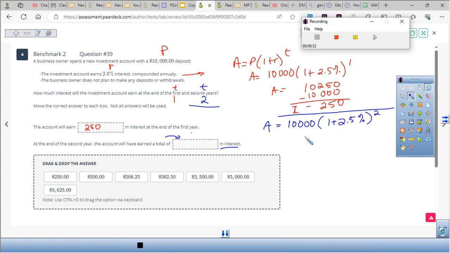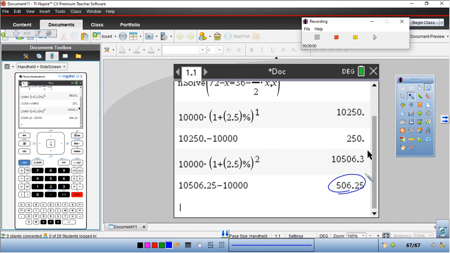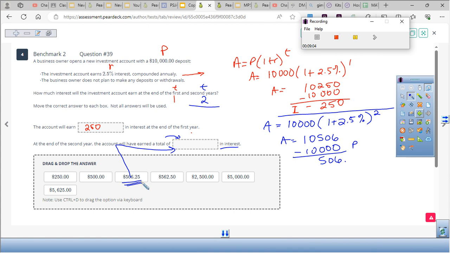So it's 10,506 all together. When we subtract the 10,000, the initial deposit, which is your principal, we wind up with 506. Let me check. Yeah, 506.25. There she is.